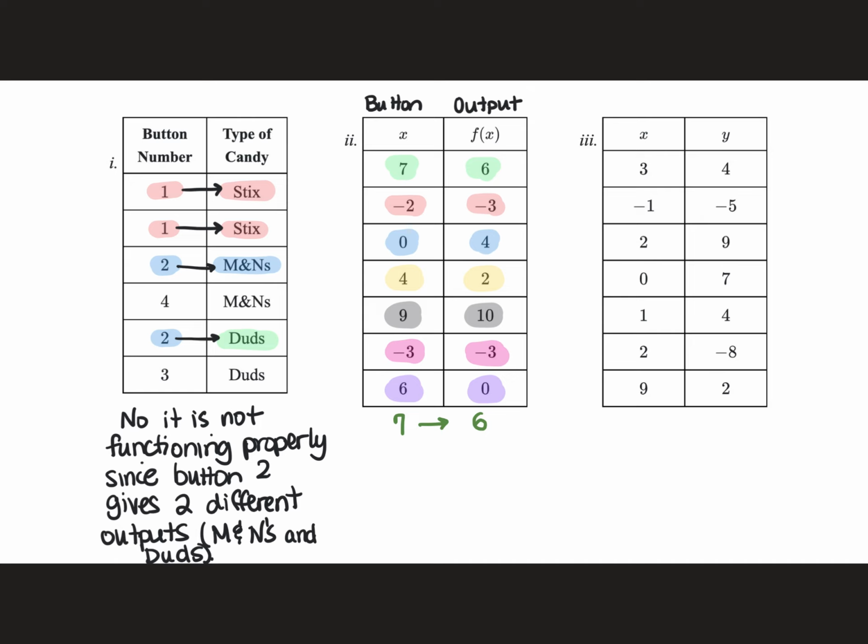If I pressed button -3, what do you think the output should be? Good. Again, -3. It's predictable and consistent. So is our machine functioning properly? We could say yes. We can make a prediction based on the table.